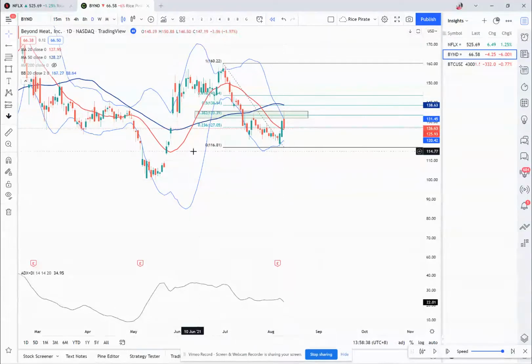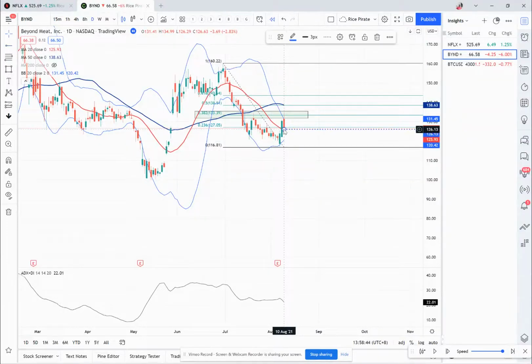At this point, what I would do is I would put an order in contingent on the price action surpassing that. Okay, so I would put a contingent order to buy puts at market if the price of BYND hits 126.13.